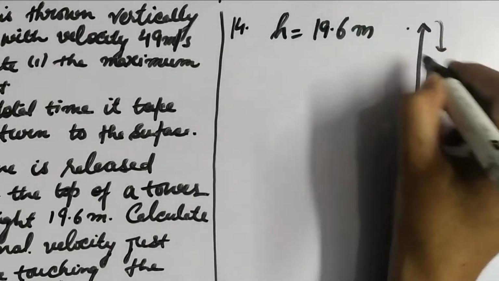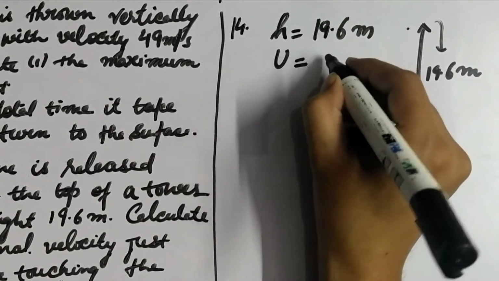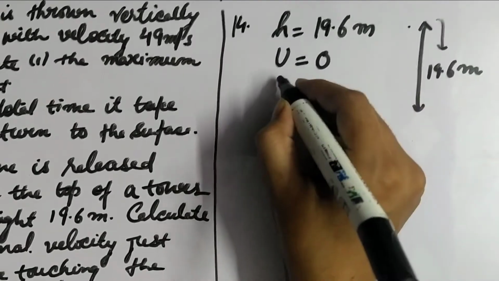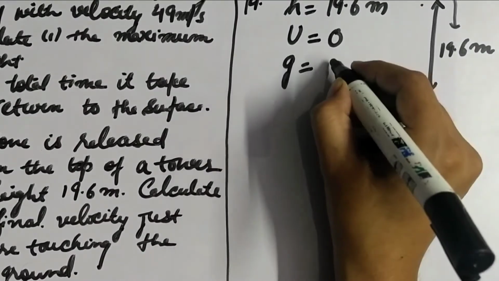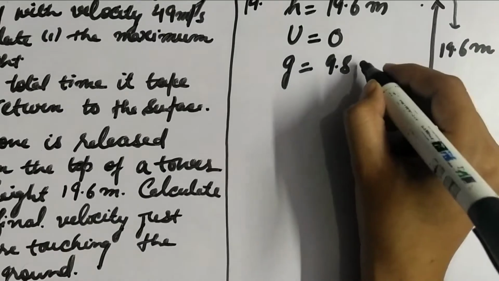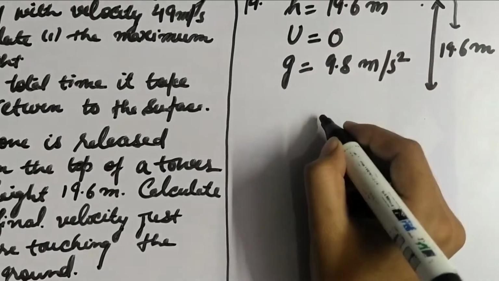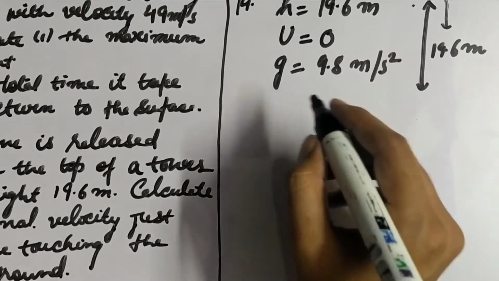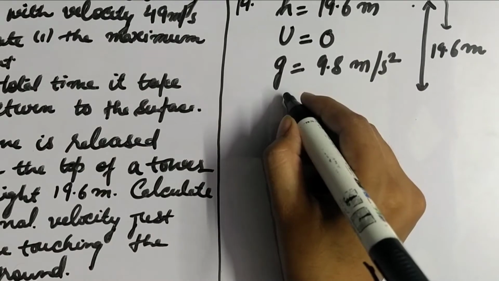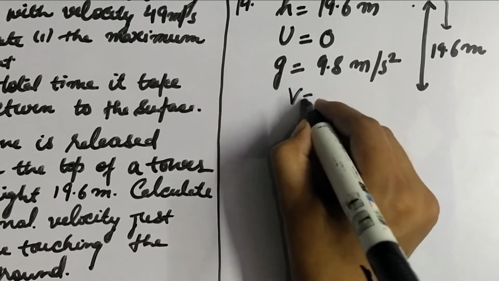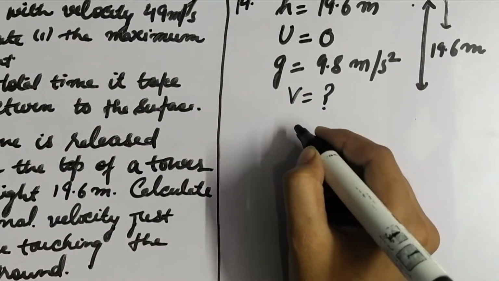Because it is released, it is falling freely from some height, so we take u as 0, and falling downwards, so positive 9.8 meter per second square, in the favor of gravity. And what is to be calculated? The final velocity with which it touches the ground.